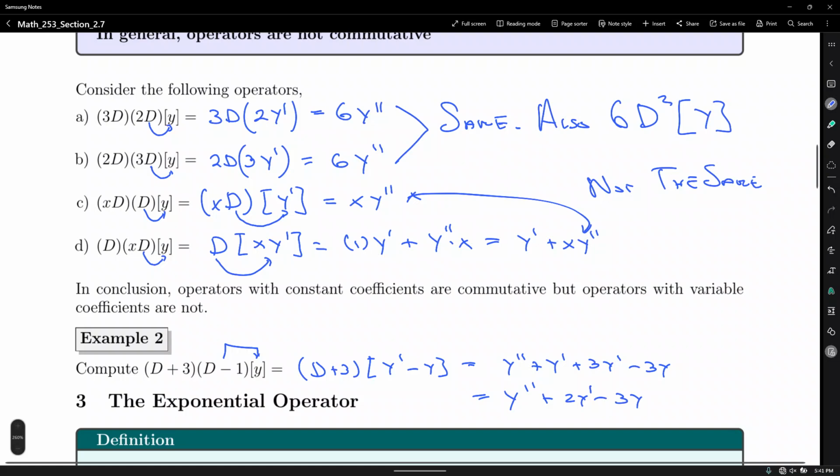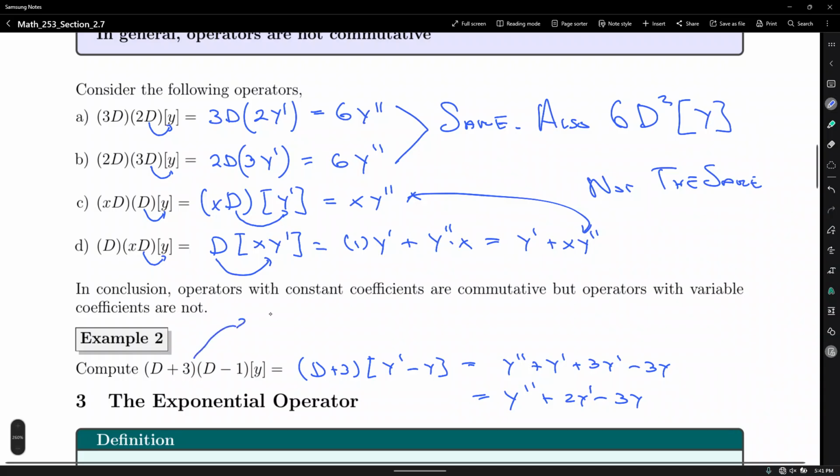The other way around, okay, the other way is to actually perform the product of the operators too, because we can do this because these are technically operators with constant coefficients, and there are constant terms.